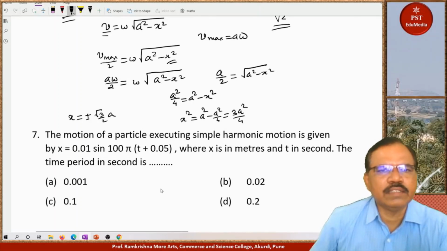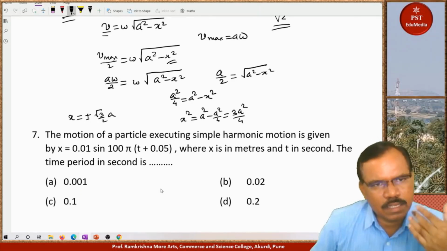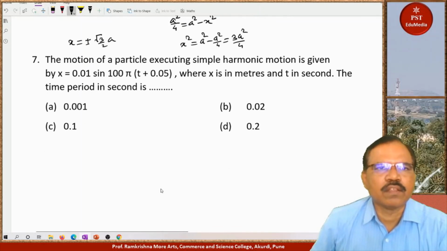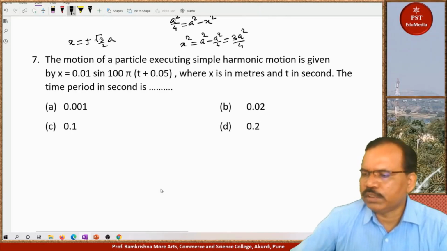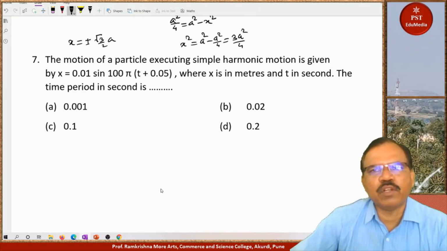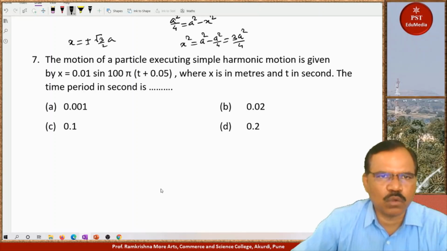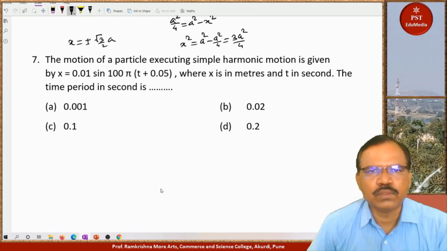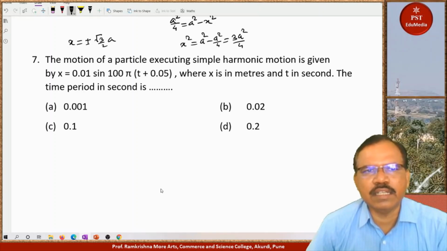Now we'll see this one and then we'll stop, and the remaining questions we will cover in the next lecture. The motion of a particle executing simple harmonic motion is given by x is equal to 0.01 sine 100 pi (t plus 0.05), where x is in meters, t in seconds.